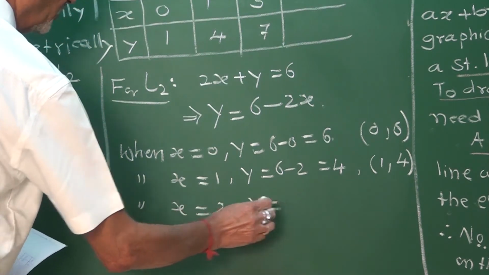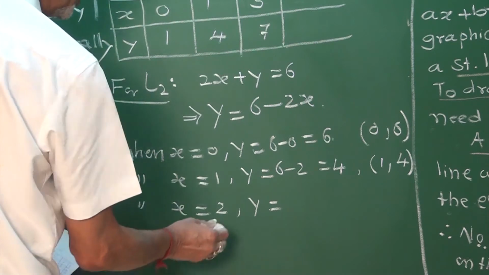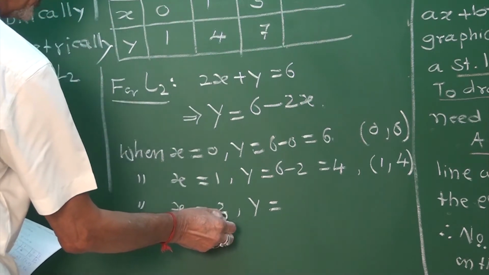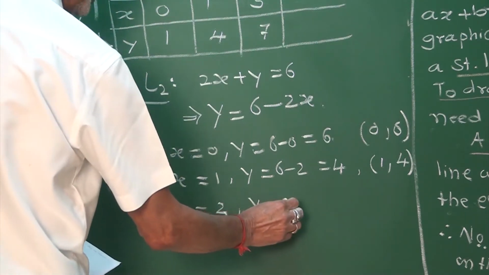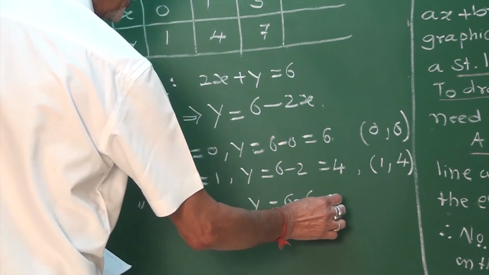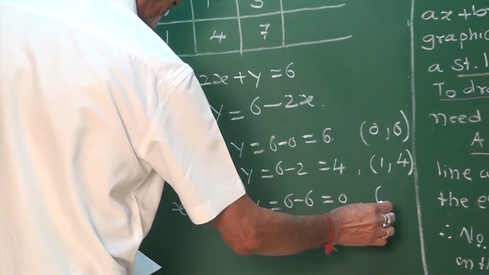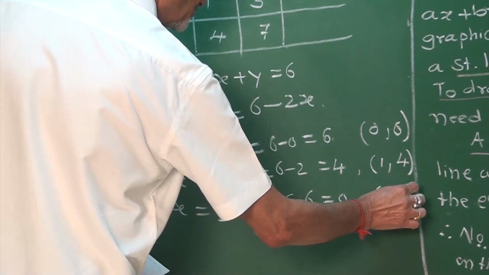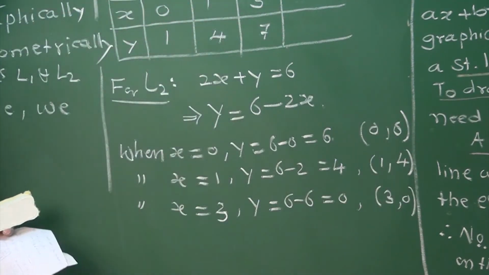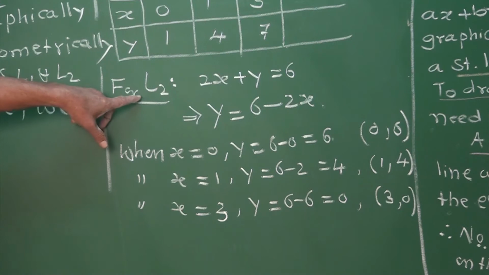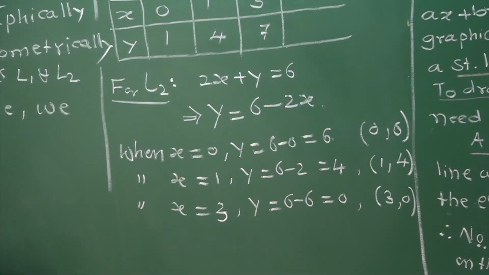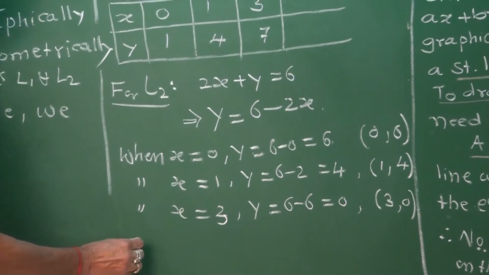When x is 3, what is y? 6 minus 6, which is 0. Therefore, it is (3, 0). All these are the points on the line L2.